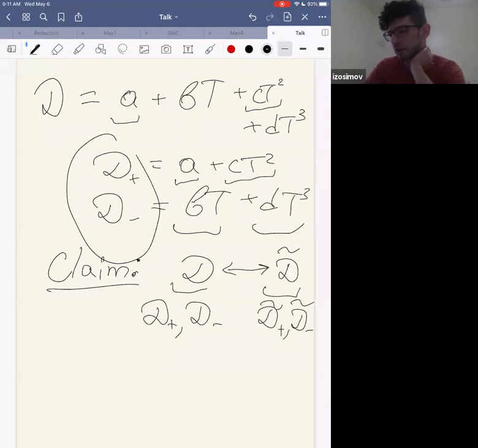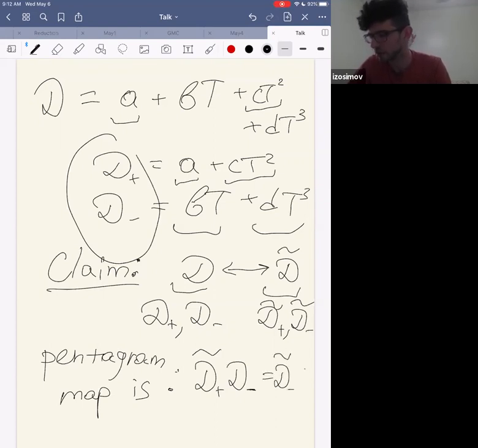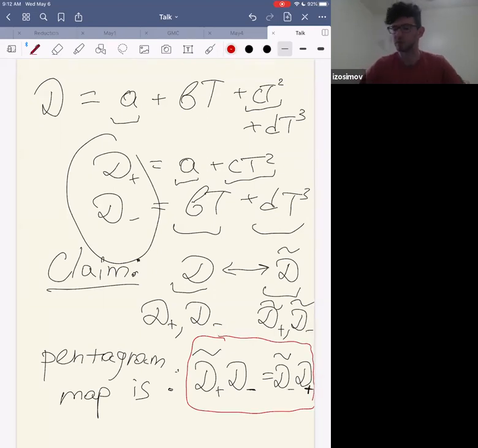And it turns out that in these terms, the pentagram map is a very simple relation. The pentagram map is the following equation: D plus tilde multiplied by D minus is equal to D minus tilde D plus. So the claim is that the pentagram map is this very simple relation between difference operators.